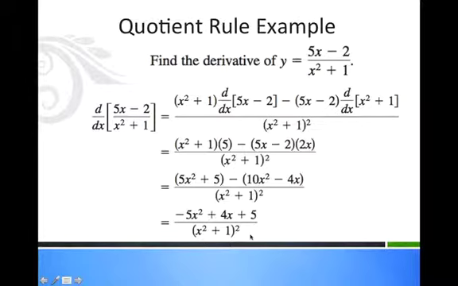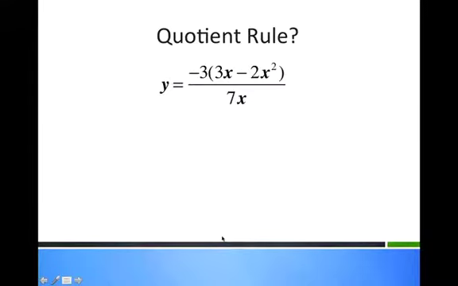Okay. And then if you had to do the second derivative, of course, you would just do this all over again, where this would be our u and this would be our v, and you can continue on. Okay. Now, you'll get some challenging problems, of course, to make sure that you can follow all the steps meticulously without making a mistake.